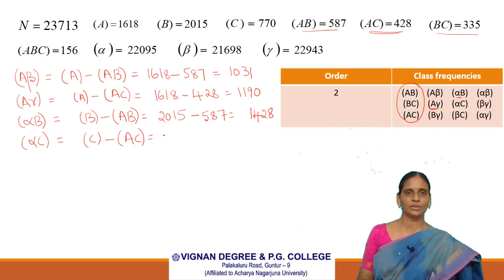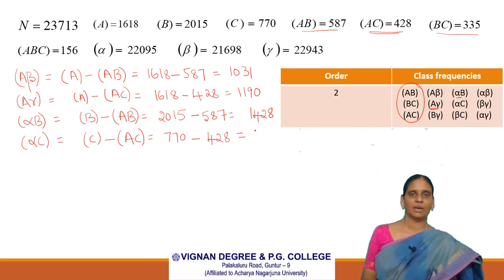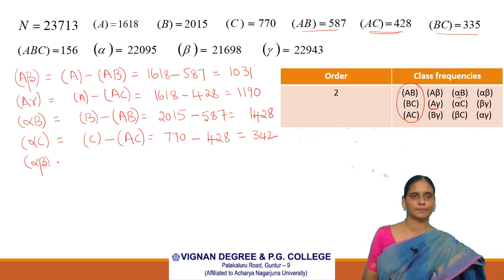The value of frequency of C is 770 minus frequency of AC is 428. 770 minus 428, we get the value of 342. So after that, we have to find out frequency of αβ.